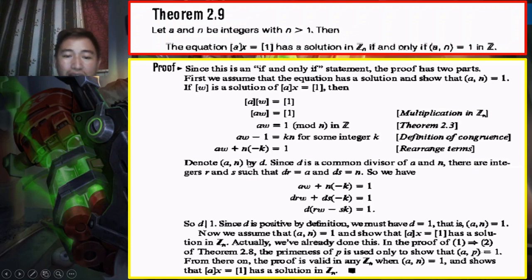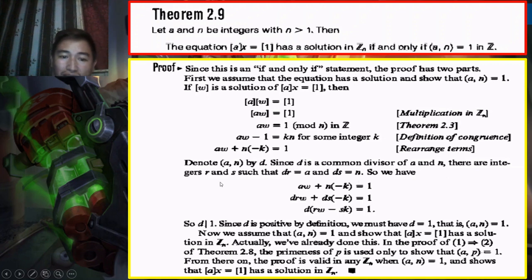Denote the GCD of a and n by d. We need to show that d equals 1. Since d is a common divisor of a and n, d divides a and d divides n.